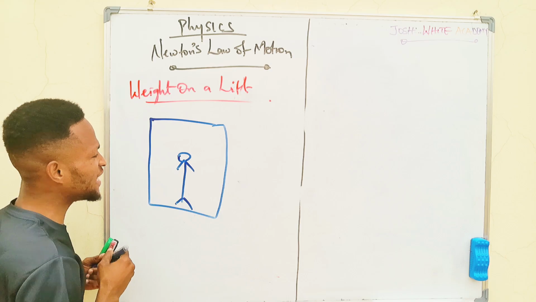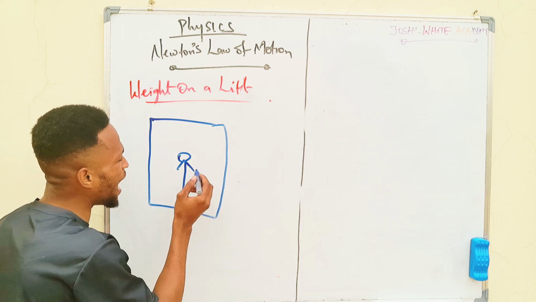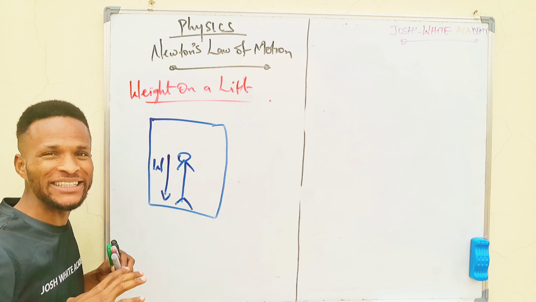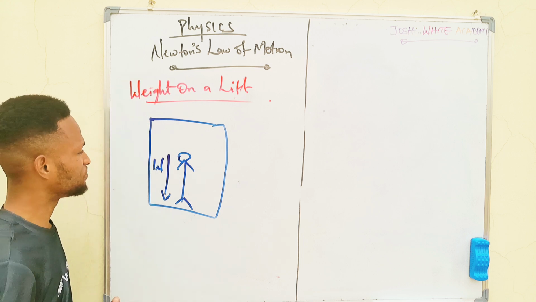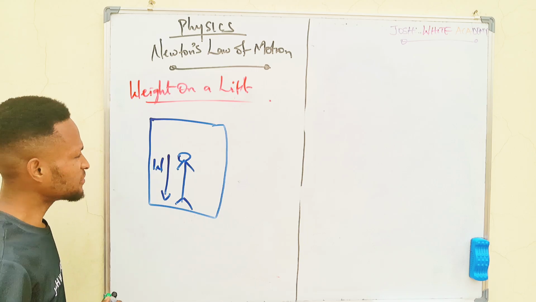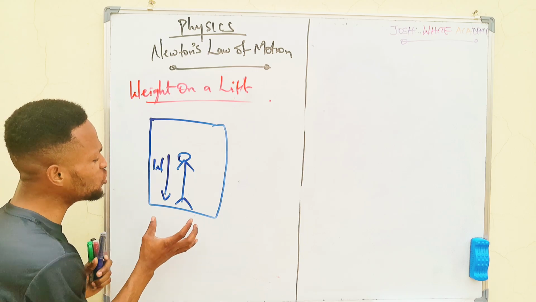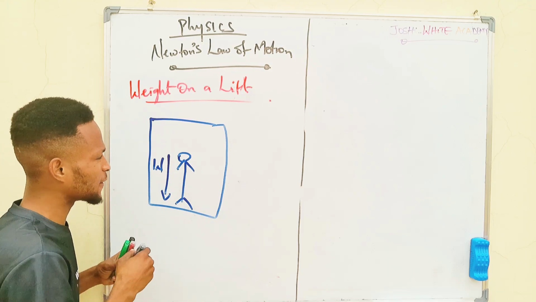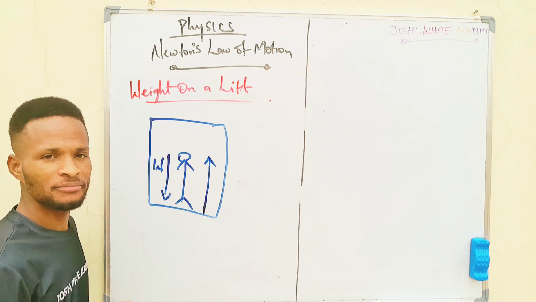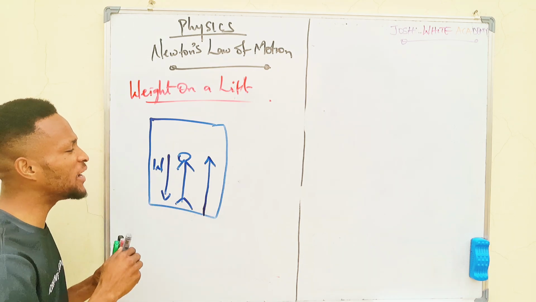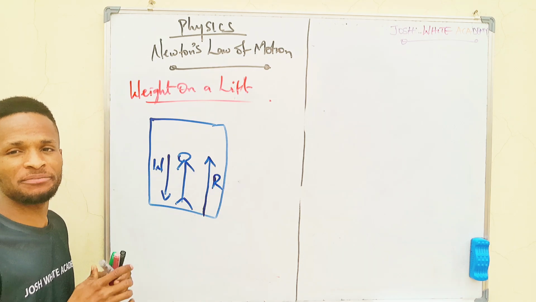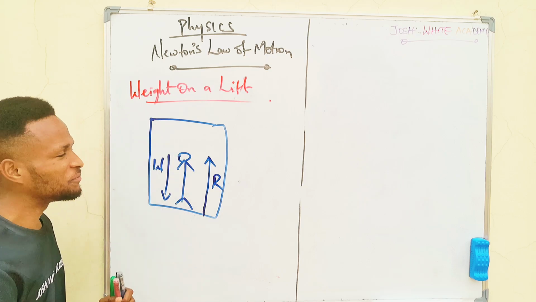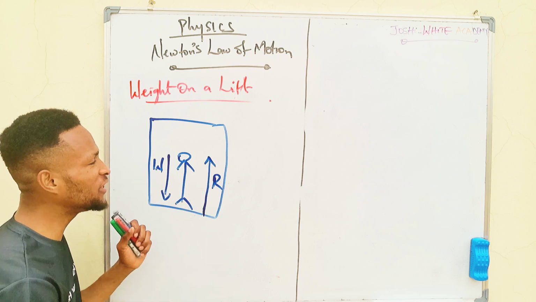The number one is his weight, which acts downward in line with the gravitational pull. Secondly, is the reaction of the lift, the ground of the lift, sustaining his weight, which acts upward. So, these are the two major forces that act on a person in an elevator. The weight pointing downward and the reaction pointing upward.